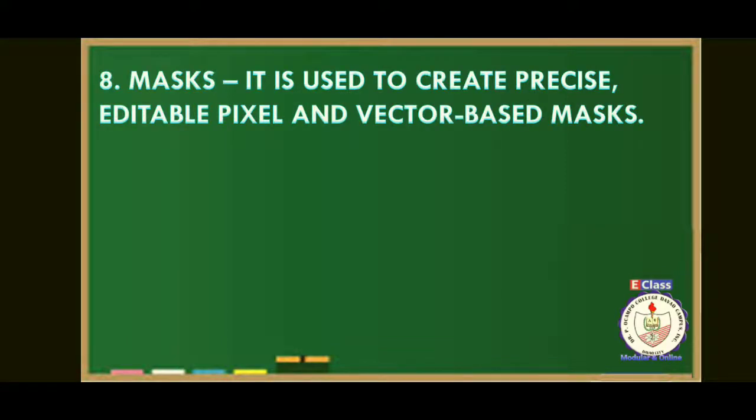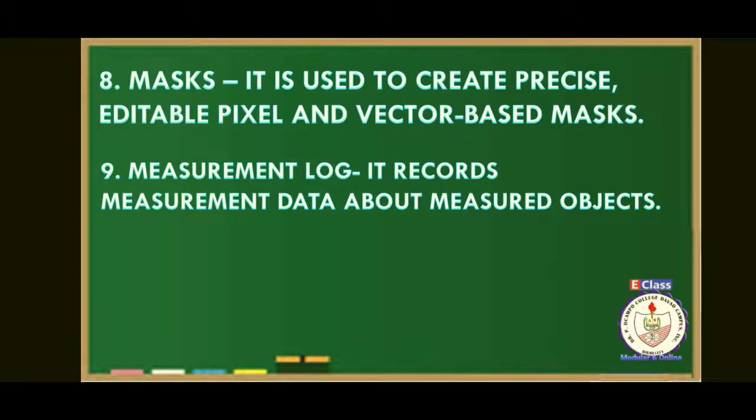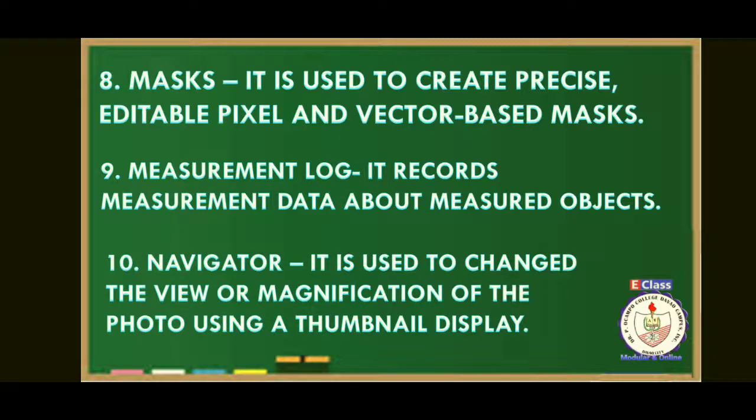Next is number 8, mask. A mask is used to create precise editable pixel and vector based masks. Next, number 9, measurement log. It records measurement data about the measured objects. 10, Navigator.